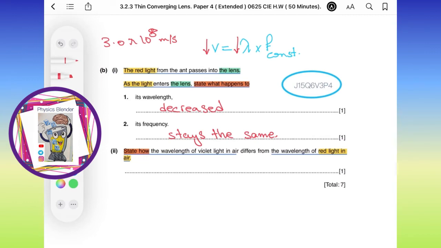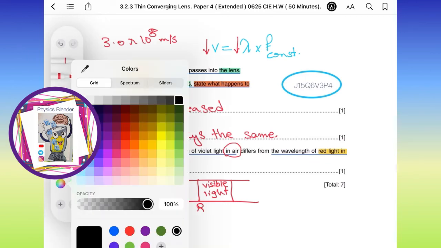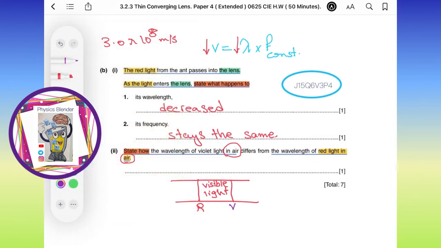And since here we are talking about violet light in air and red light in air, visible light is a segment of the electromagnetic waves. It starts here with red, and here we have violet. Here we have ultraviolet, here we have infrared.